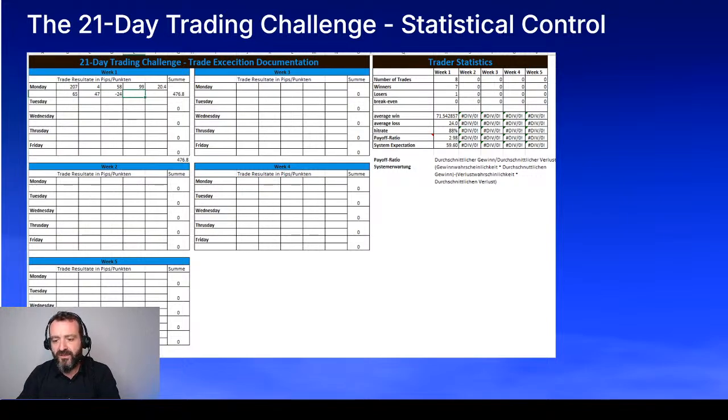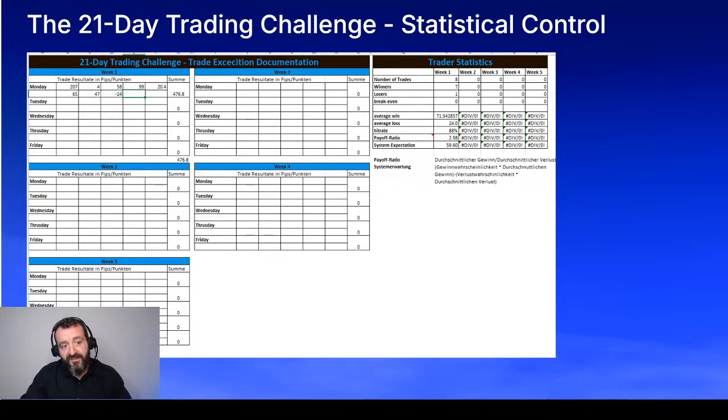The payoff ratio is the average win divided by the average loss, and the system expectation is the winning probability multiplied with the average win, from which you subtract the losing probability multiplied with the average loss. And this is your system expectation for every trade.